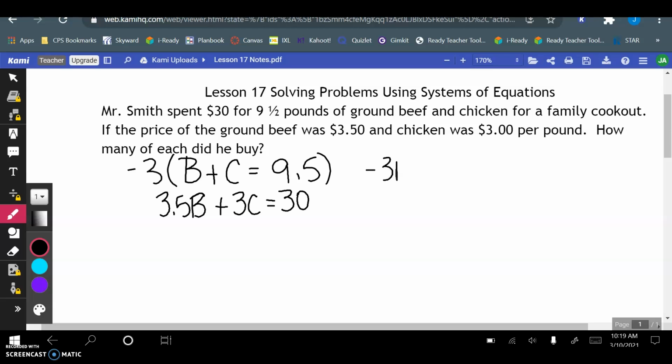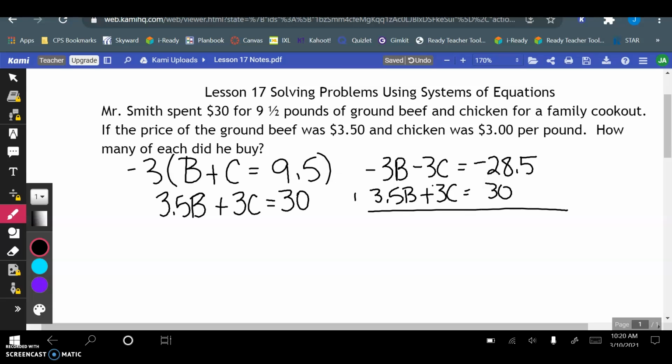So I'm going to have negative 3b plus negative 3c, and 9.5 times negative 3 is going to give me negative 28.5. I'm going to leave the bottom equation the same, and then I'm going to add going down.